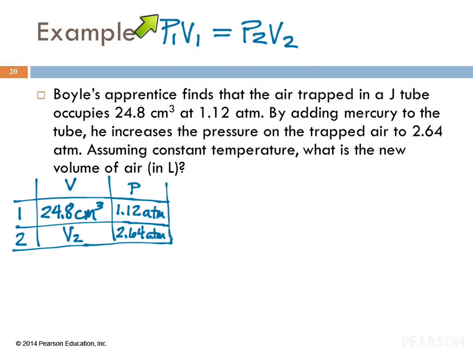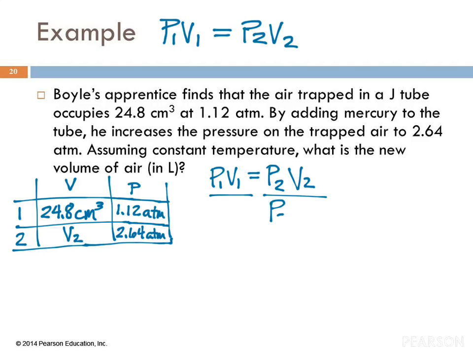And here's our equation, and we are going to solve for V2. So this does require a little bit of algebra. So P1 V1 equals P2 V2. So we need to get V2 by itself. It's multiplied by P2.